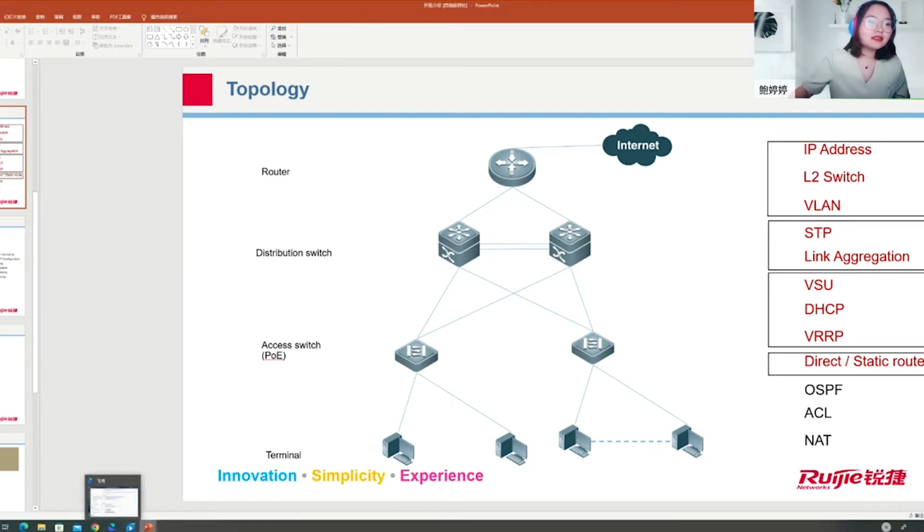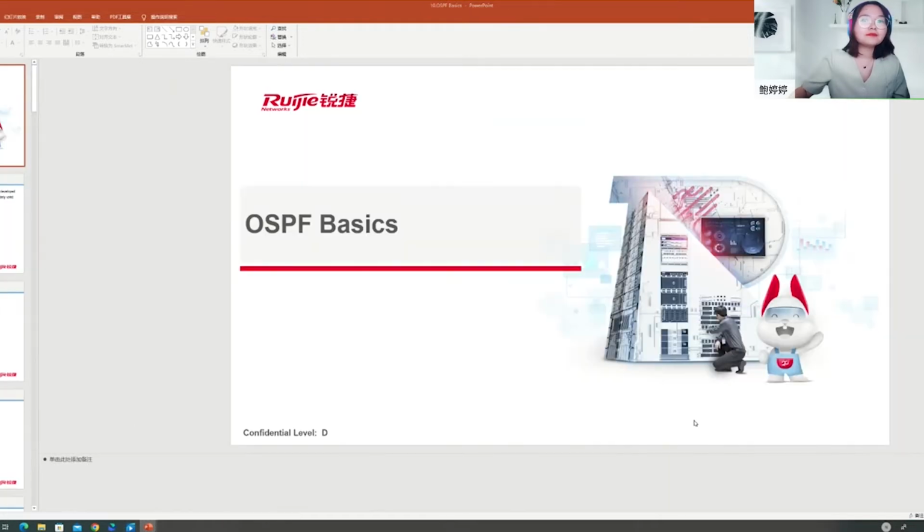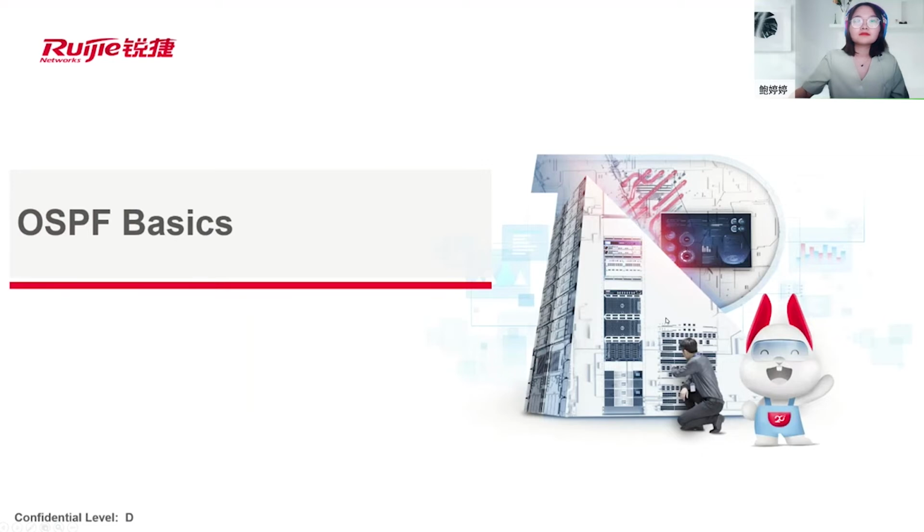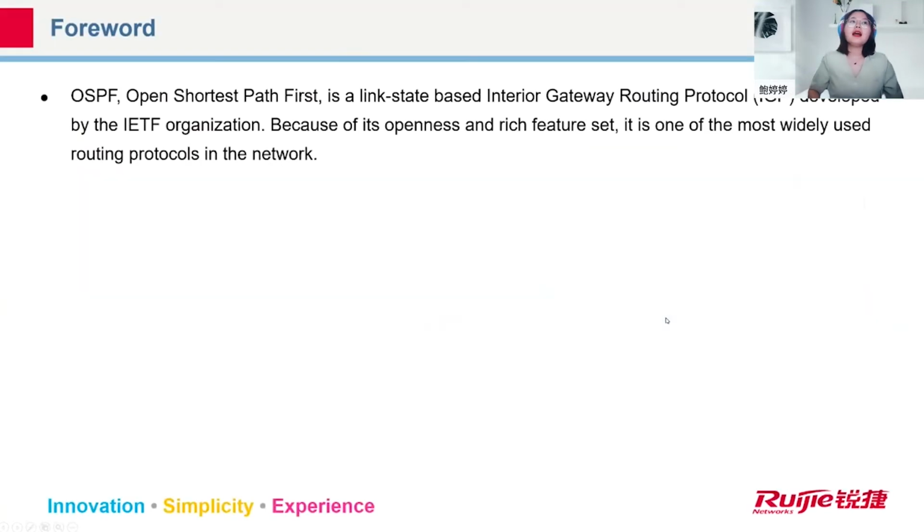And then let's start with the first part of OSPF. The full name is Open Shortest Path First, and it belongs to the link state algorithm protocols, and is usually used within an AS.